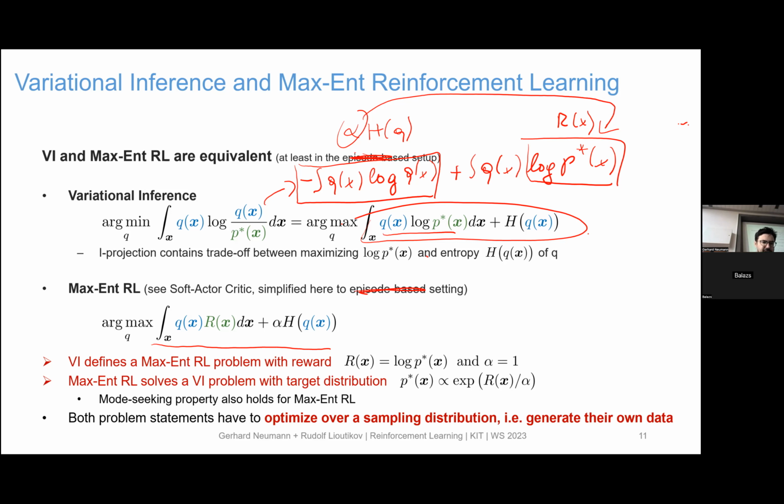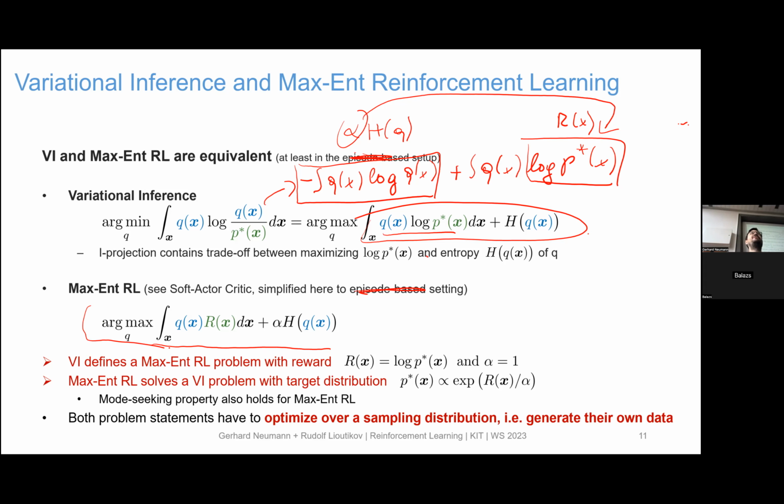So the question is now, how could I optimize, for example, such an equation with respect to q? Which kind of methods do we already know to do that? Looking back at our lectures, which algorithms did we do to optimize distributions so far?